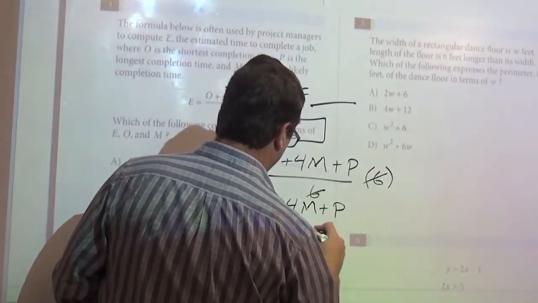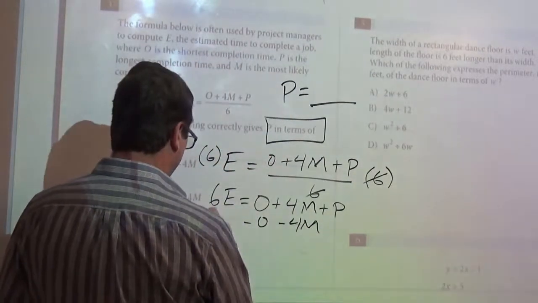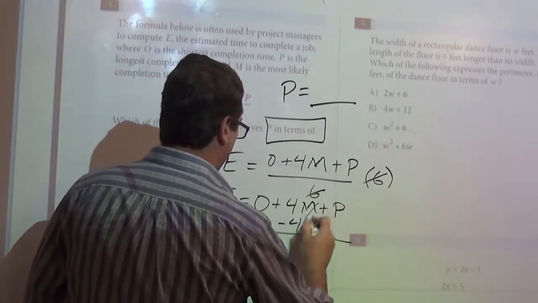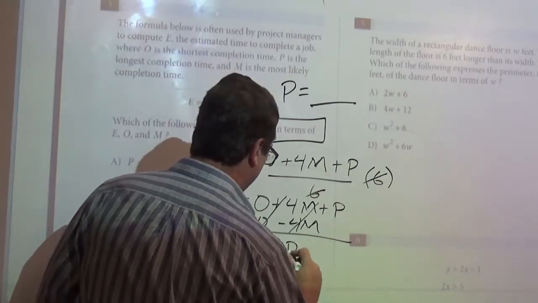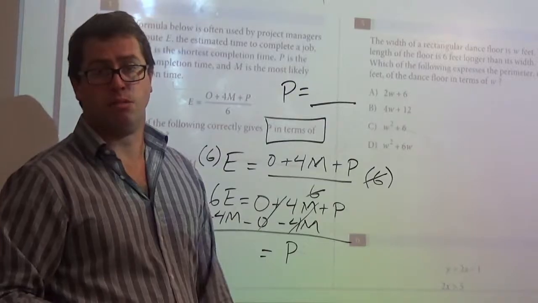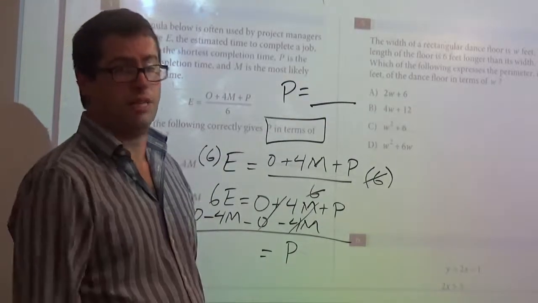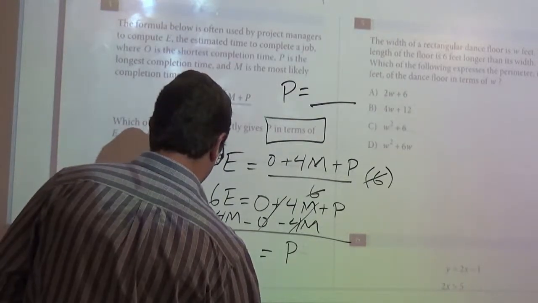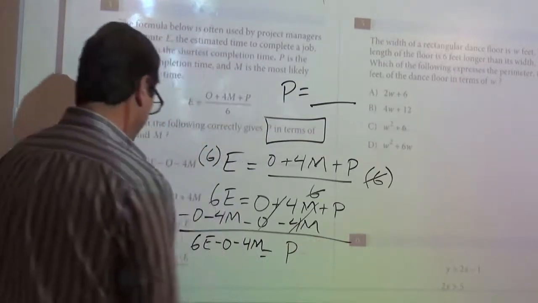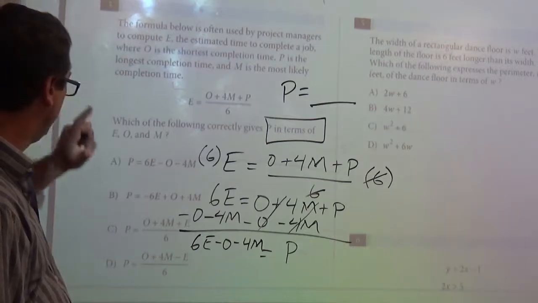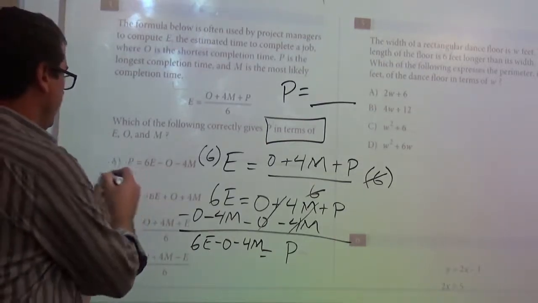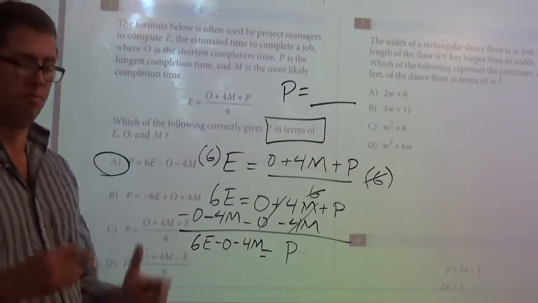Minus O minus 4M, and then I have to do it on this side too. These two cancel out, my P comes down. E's, O's, and M's don't mix, so I'm just going to write them next to each other. And 6E minus O minus 4M. It's going to be A.